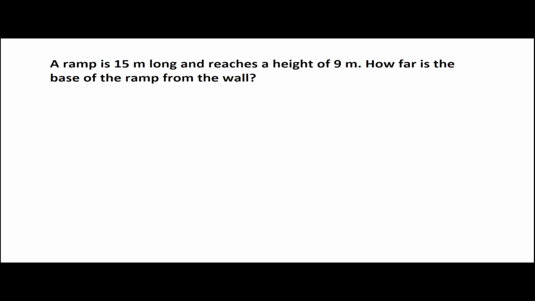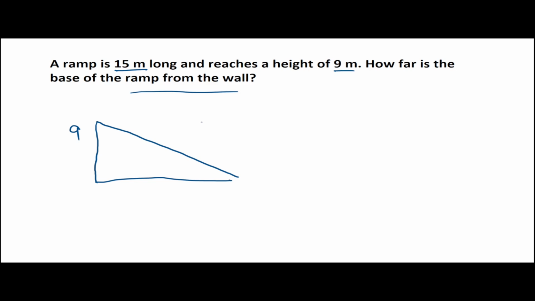Last one. A ramp is 15 meters long and it reaches a height of 9 meters. How far is the base of the ramp from the wall? So it reaches a height of 9 meters, so that's 9, and the ramp is 15 meters.